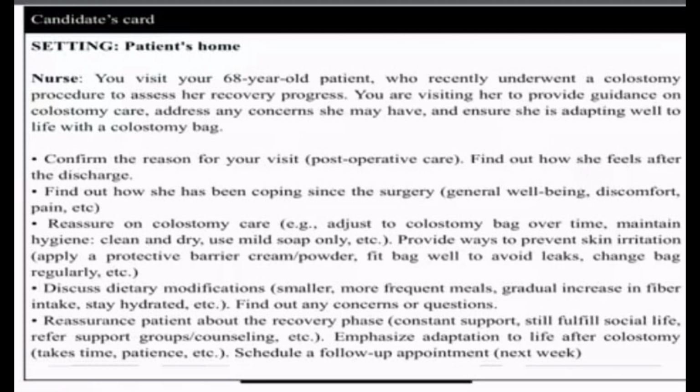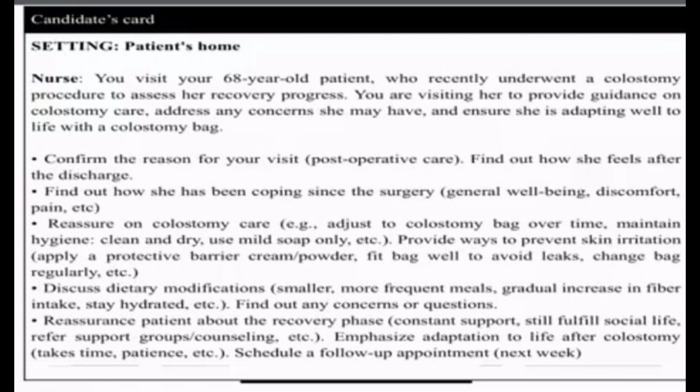Miss Susan, I am here to guide you. Like this we can construct the sentences. They have also asked to find out how she feels after discharge. So we can say, tell me Miss Susan, how do you feel after your discharge? Like this we can construct a sentence.